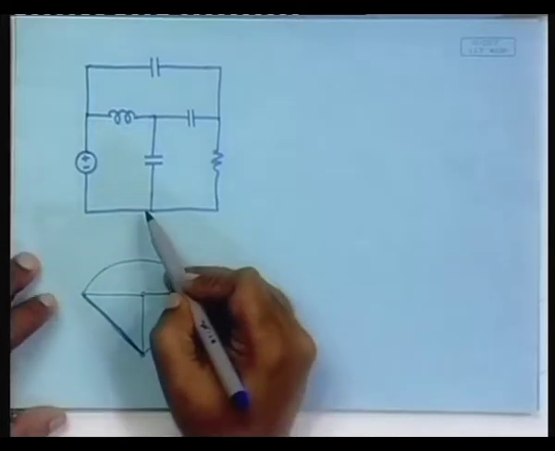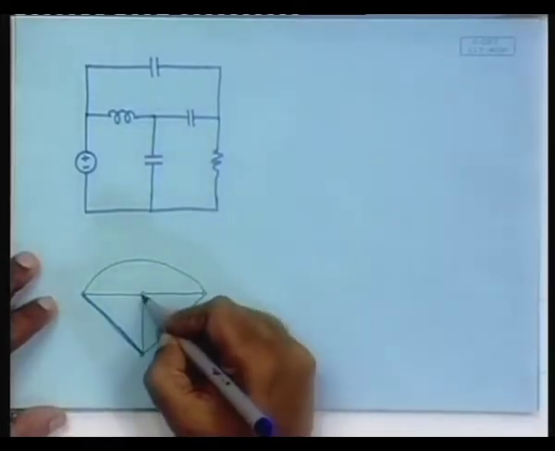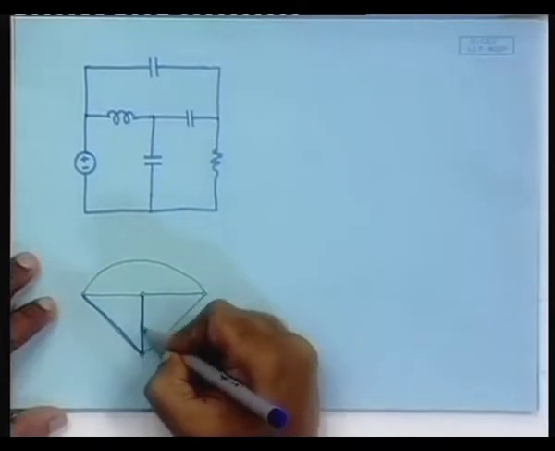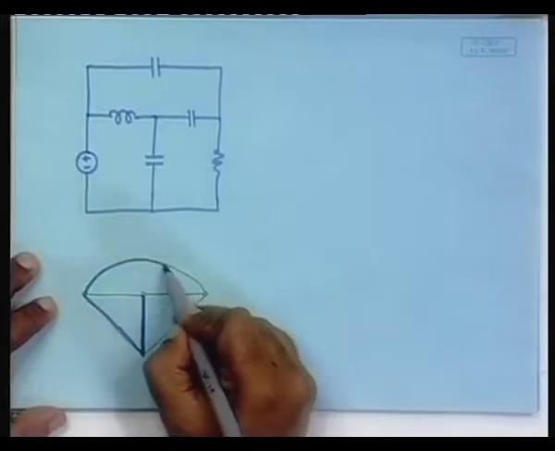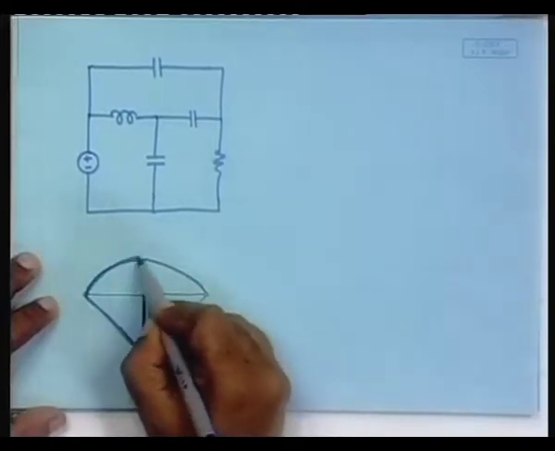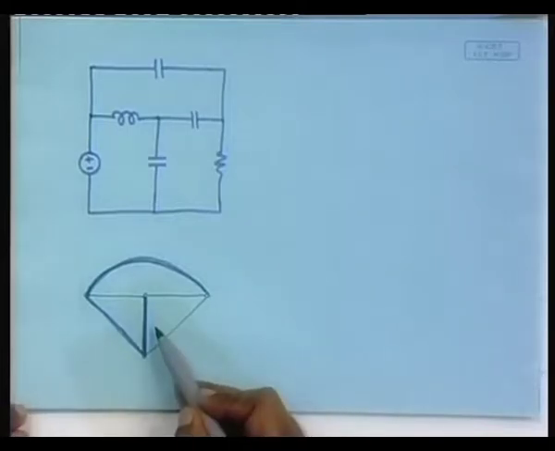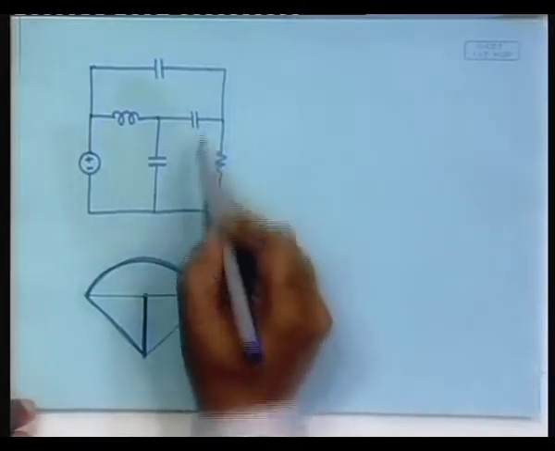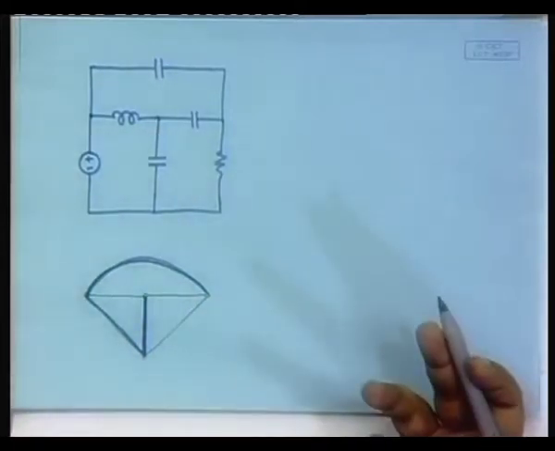It should include then the maximum number of capacitors. So, this, this. But now the moment we try to include another branch, say this one, it completes the loop. So, it no longer remains a tree.